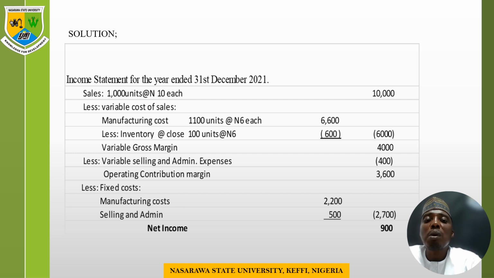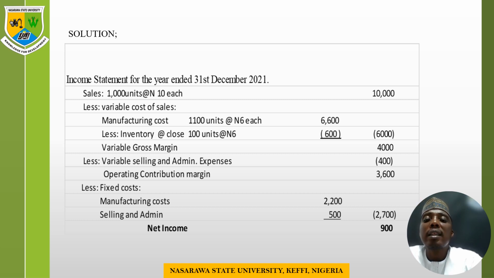Then out of this 1,100 units, you remember that 100 units were left over on sales, which were carried forward to the next year. So to determine the value of the closing stock, we bring in the cost per unit multiplied by the 100 units carried forward, and the amount is 600.